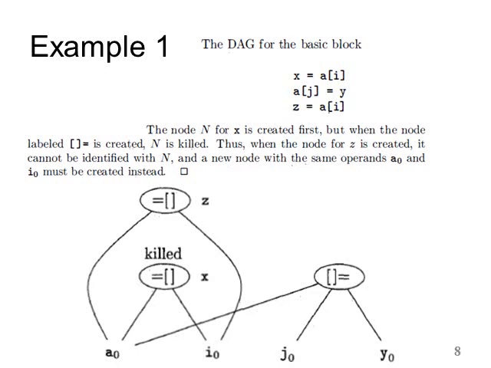So you see that the first node I created with the label x, whose two children are a and i, is killed due to the next node creation, that is the a[j] equals y statement, where there are three children of that node. Finally the z label is created with the value a[i].